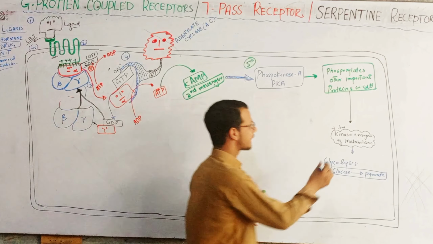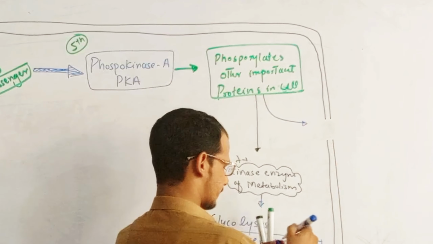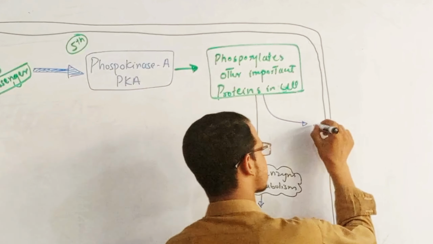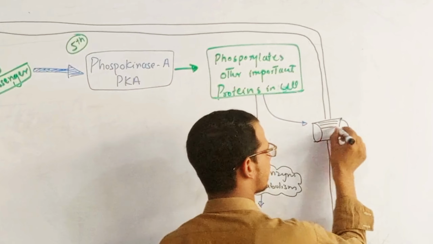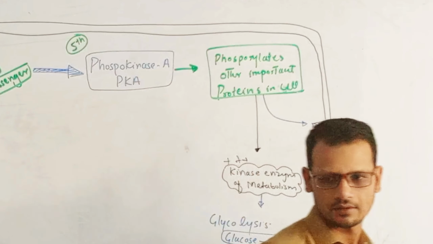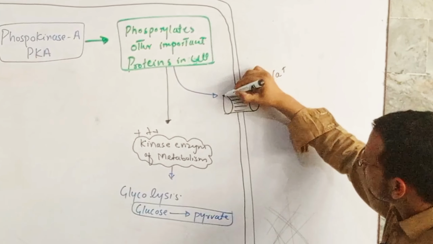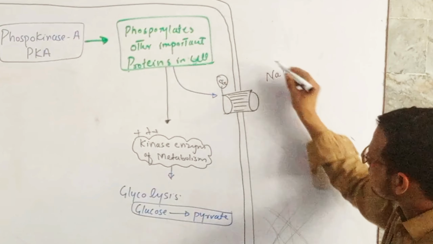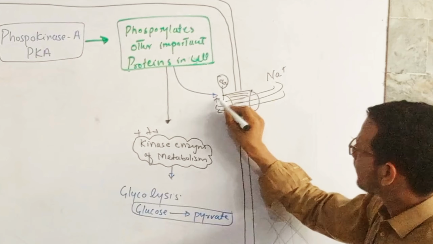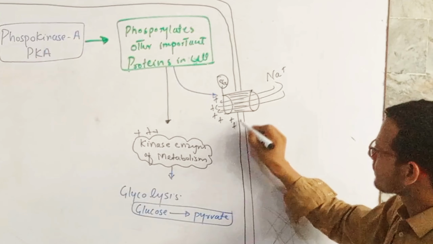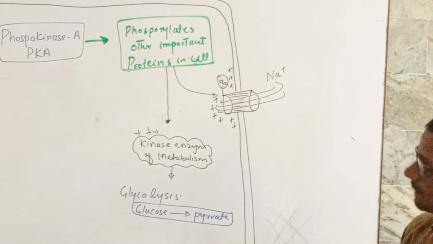The second change, it also phosphorylates the surface channels. For example, this is the sodium channel. It will phosphorylate this channel and sodium will rush inside the cell, and this process is responsible for depolarization of the cell, right?